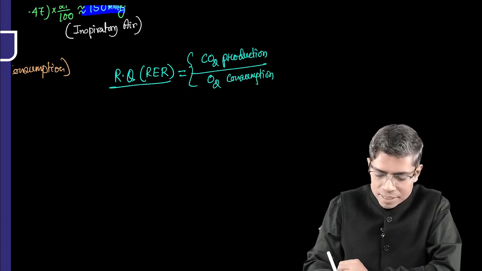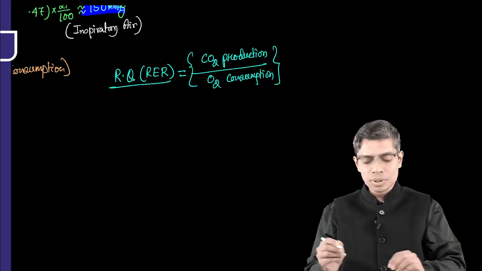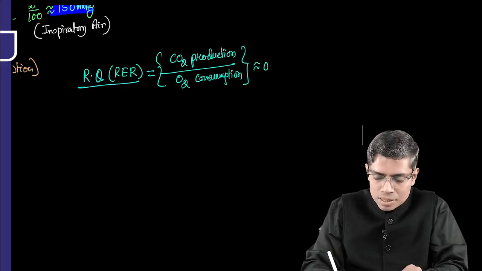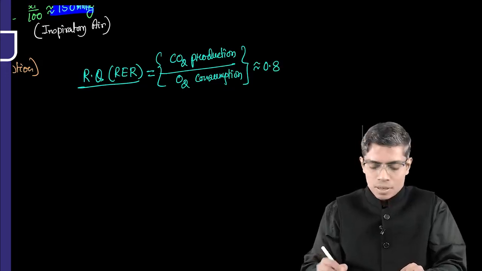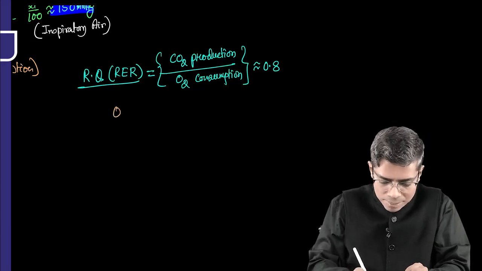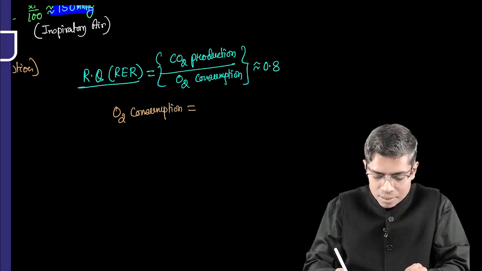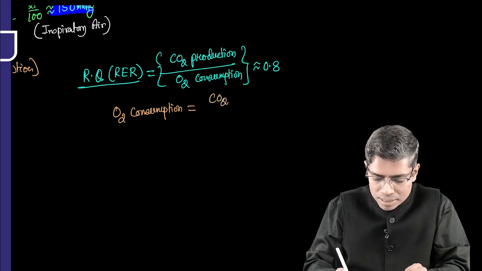And for an average balanced diet, we know that this RQ, or the respiratory exchange ratio, is normally 0.8. So from this ratio, oxygen consumption is nothing but carbon dioxide production upon your RQ.